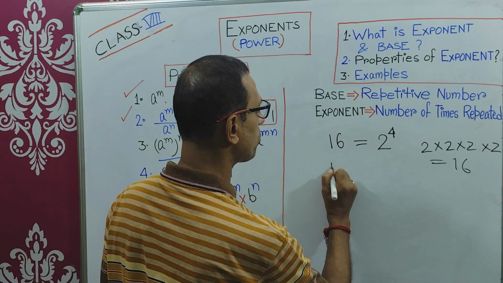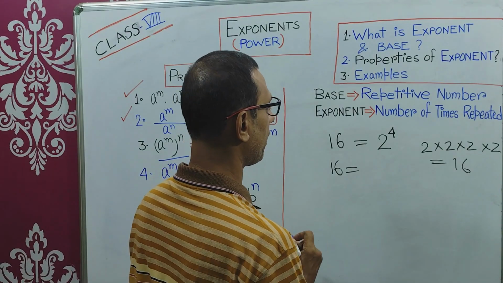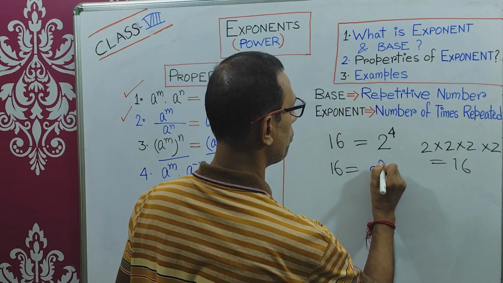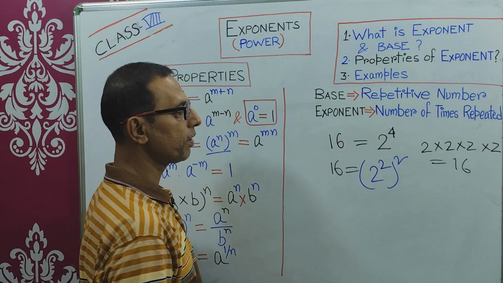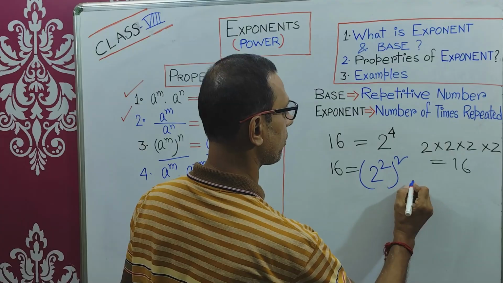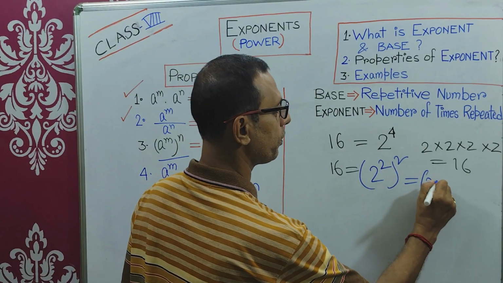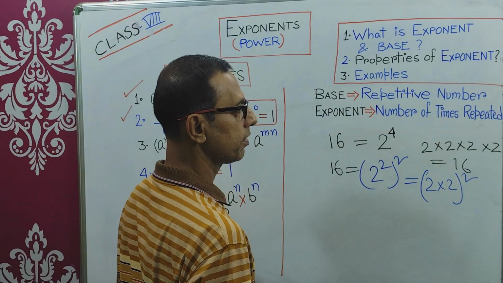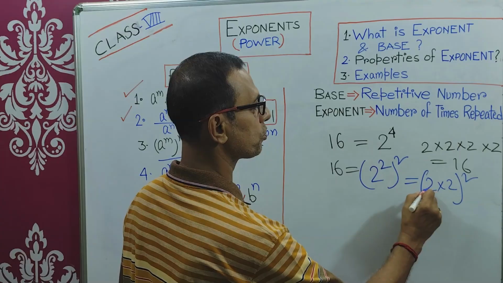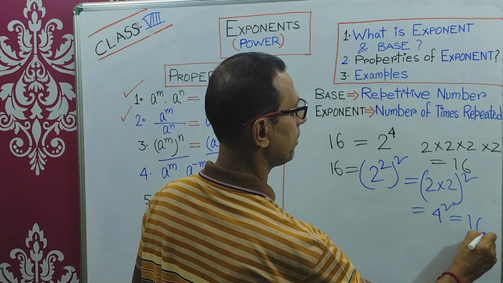At the same time you can also represent 16 as 2 square whole square. That is also 2 to the power 4, because 2 square whole square equals 2 into 2, then whole square, right? So 2 2s are 4, 4 square means it is 16.